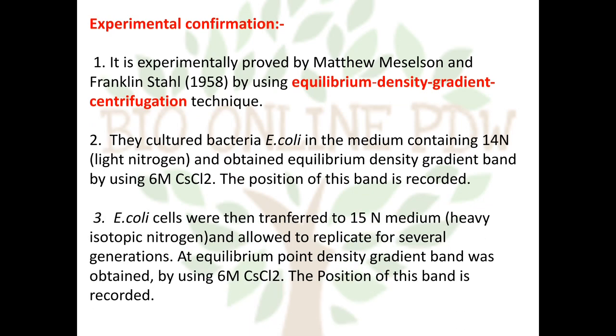E. coli cells were then transferred to 15N, which is the heavy isotopic form of nitrogen, and allowed to replicate for several generations. At the equilibrium point, a density gradient band was obtained by using again the 6 molar solution of cesium chloride. The position of this band is also recorded.